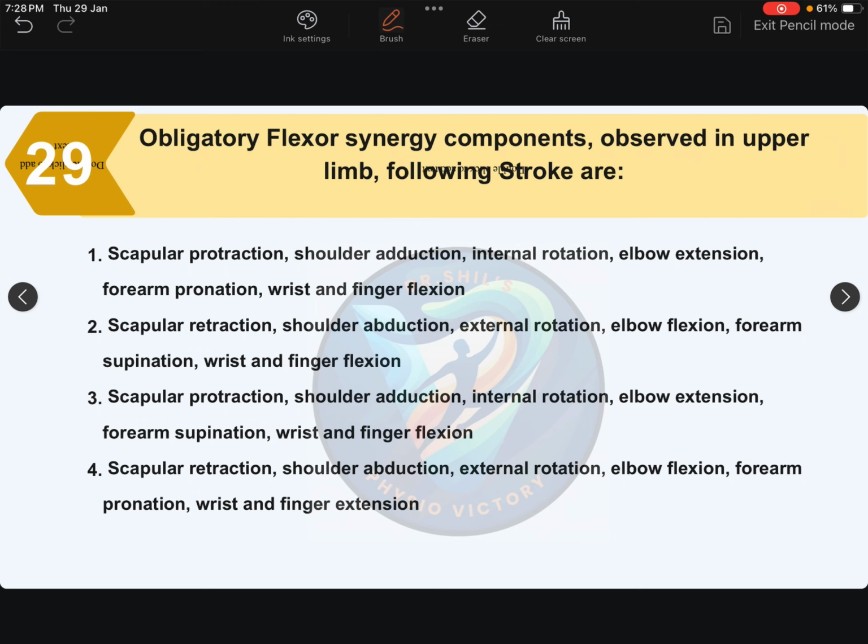Option 3 is scapular protraction, shoulder adduction, internal rotation, elbow extension, forearm supination, wrist and finger flexion. So the correct answer is option 2, scapular retraction, shoulder abduction, external rotation, elbow flexion, forearm supination, wrist and finger flexion.